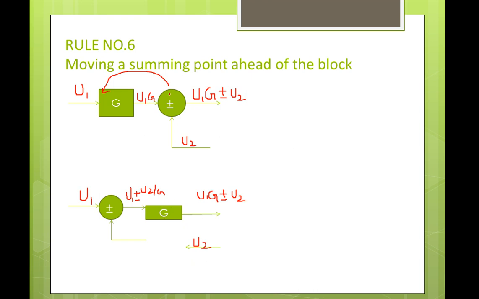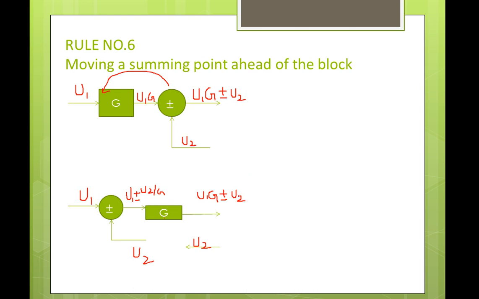Finally I need to get the expression u1g plus or minus u2. Here the u2 is here only. So you are getting u1 plus or minus u2 that is multiplied with g. So instead of getting u1g plus or minus u2, you are getting u1 plus or minus u2 into g.